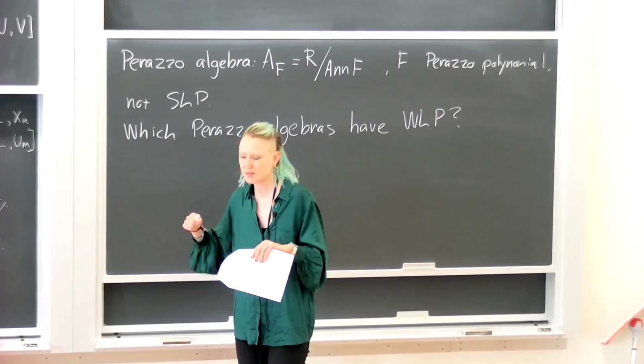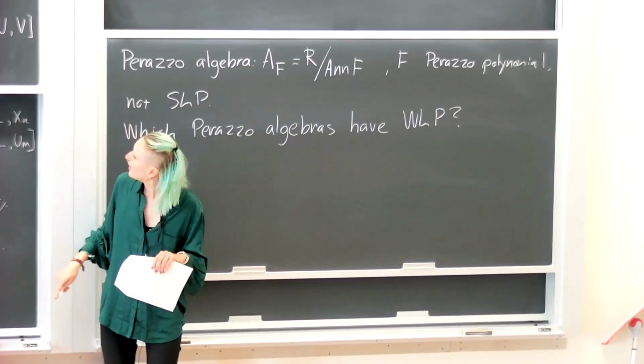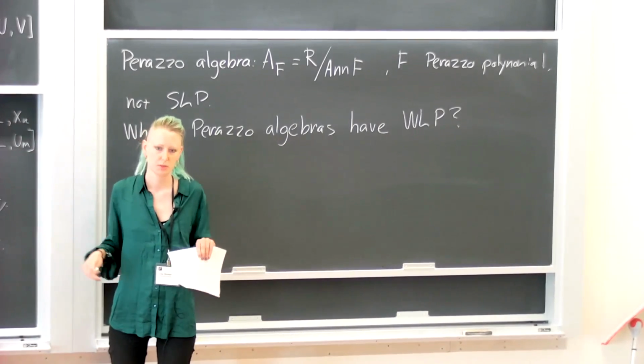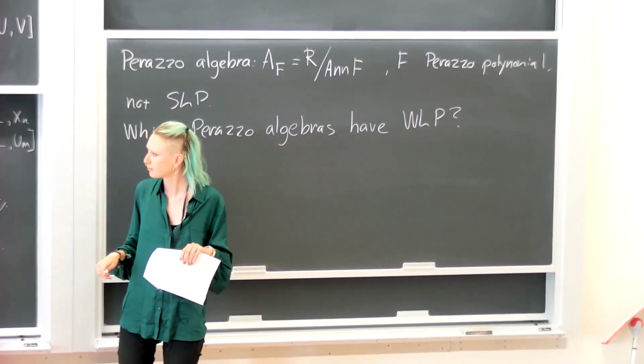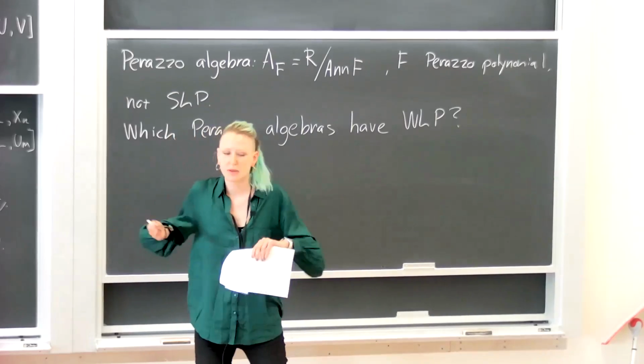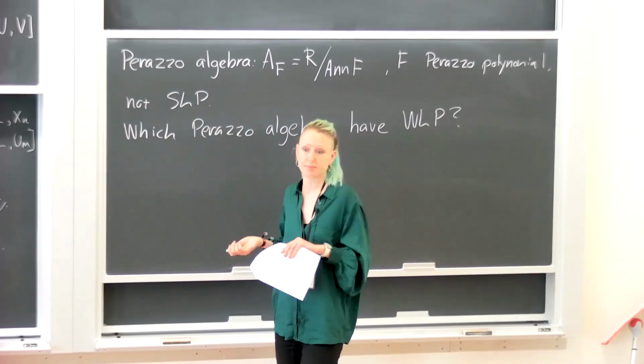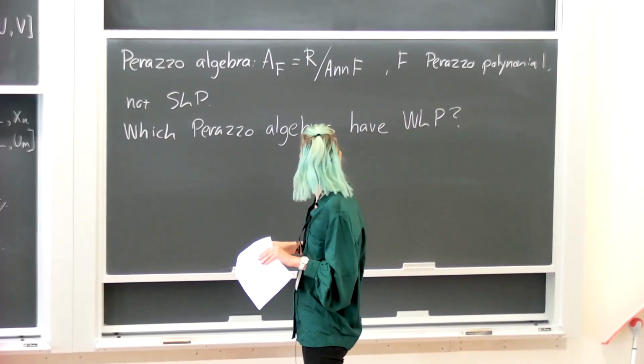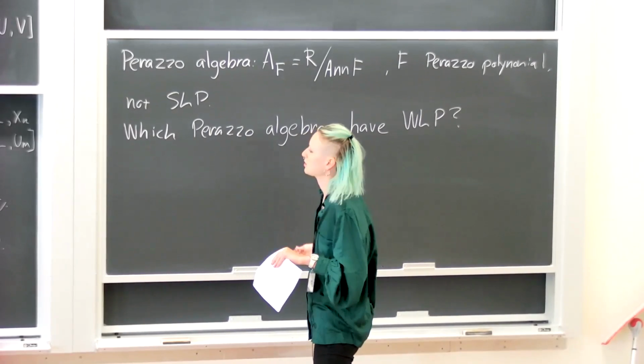So one of the maps will be given by this Hessian, but then the determinant is 0. Will not have maximal rank. But it might still have a WLP. Okay, and yeah, so that's the question.